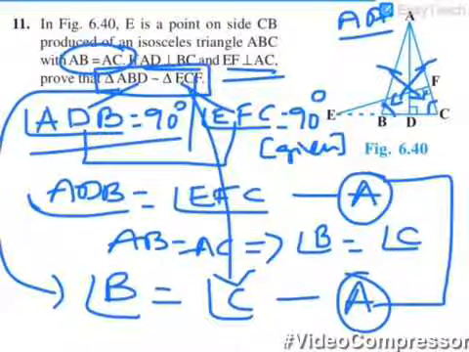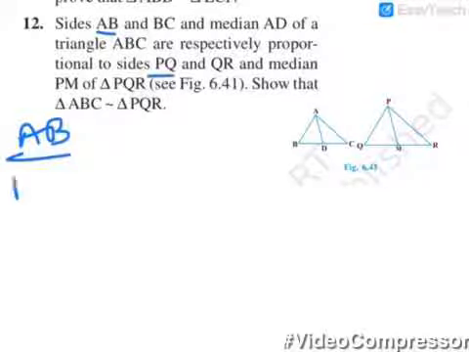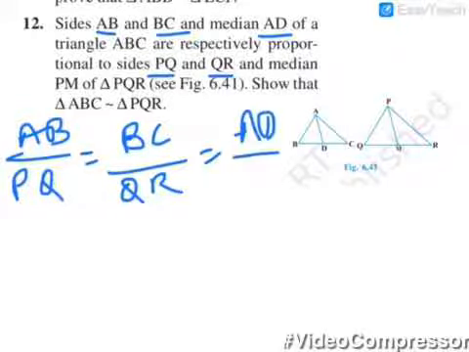Now coming to the next question, the 12th question. Sides AB and BC and median AD of this triangle, and sides these two and median of this triangle are proportional. So let's write that side AB and side PQ, side BC and side QR, and median AD and median PM.